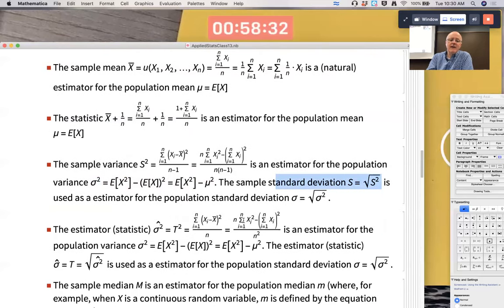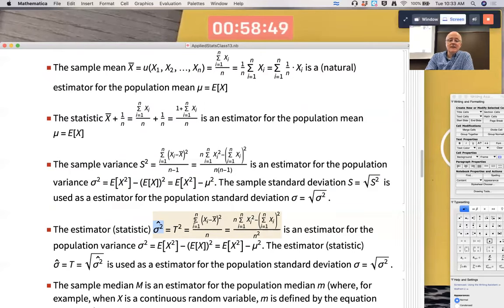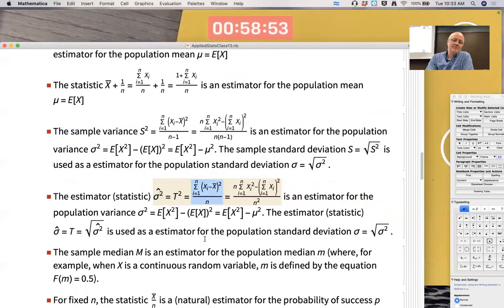If we decided to divide by n instead of n minus 1, our book calls that in a couple spots sigma squared hat. This other book that I have calls it t squared, but it's not a t distribution. Dividing by n instead of n minus 1 is not unbiased. You could call it biased.